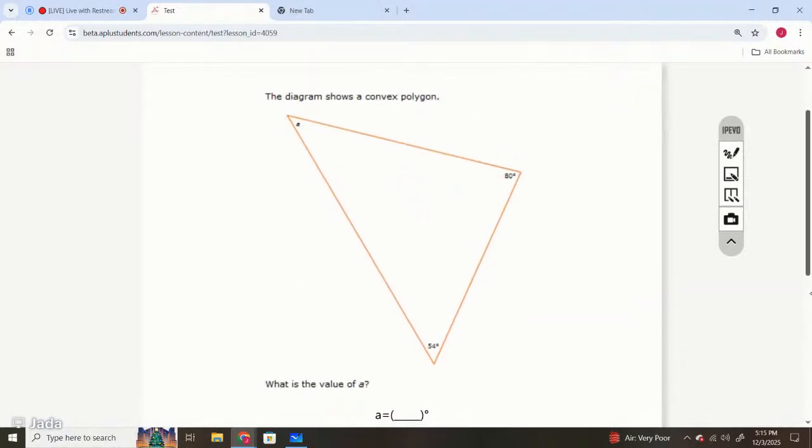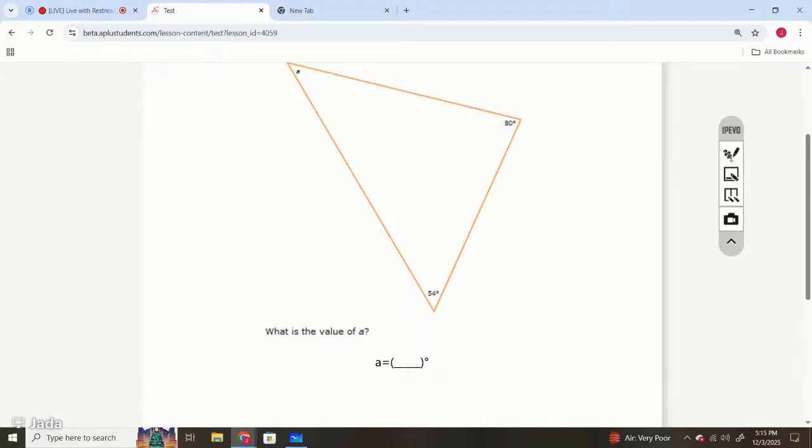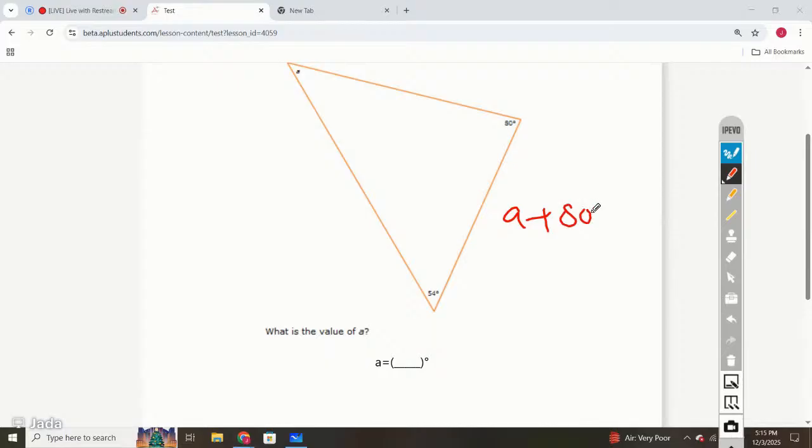The diagram shows a convex polygon. What is the value of A? The sum of all the angles in a polygon must equal 180 degrees. So A plus 80 plus 4 is equal to 180. So A plus 123 is equal to 180.